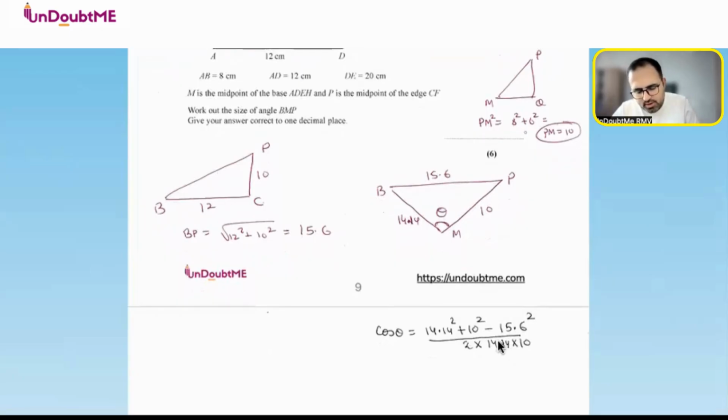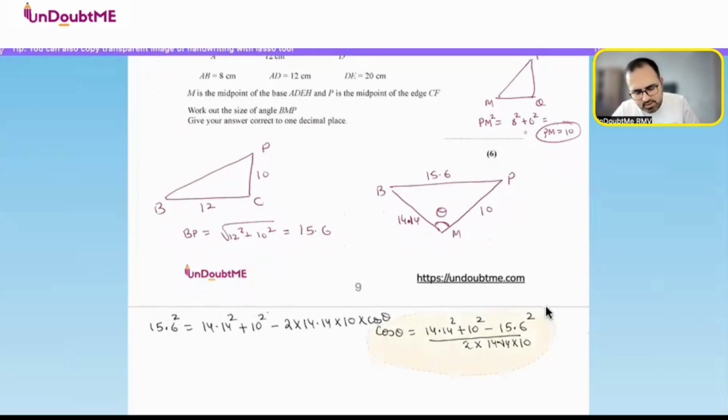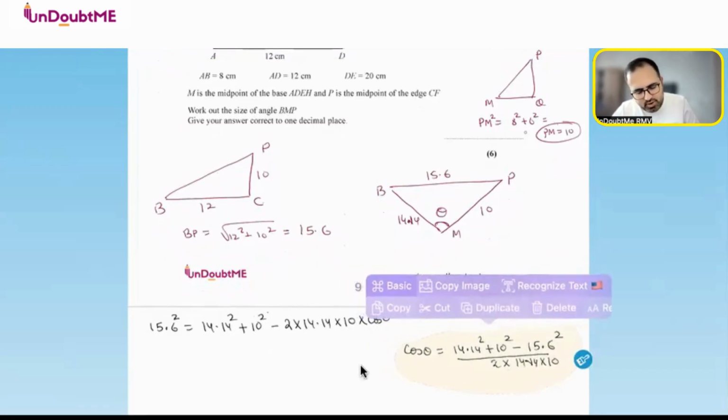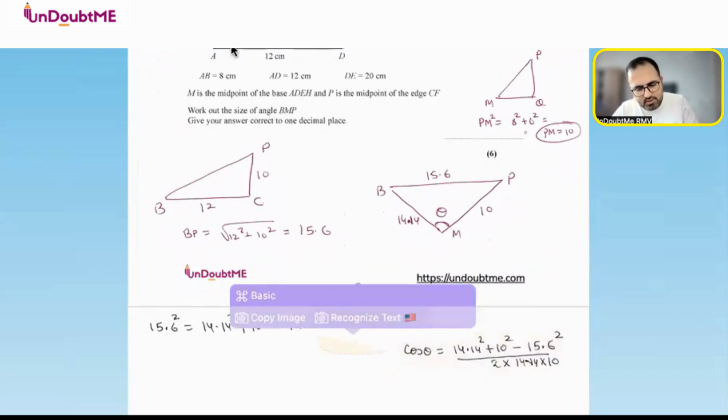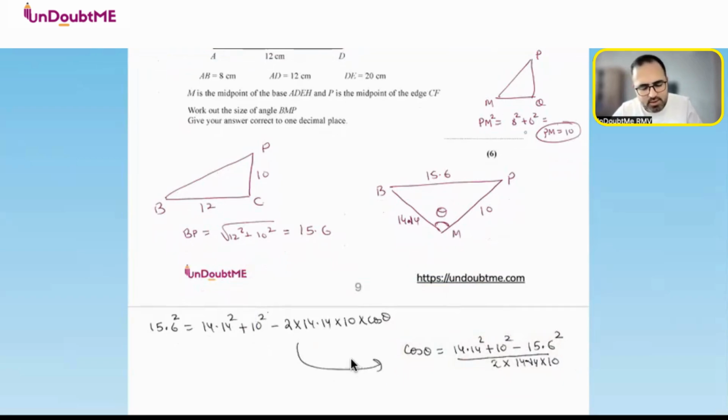Now how I got this? So let me write the elaborated one. 15.6 square is equal to 14.14 square plus 10 square minus 2 times 14.14 times 10 times cos theta. Okay, this is the actual one, which can be rearranged to write in the form what you can see here. Okay, it is highly recommended, not compulsory. You can do it in either form. You should just do it right.